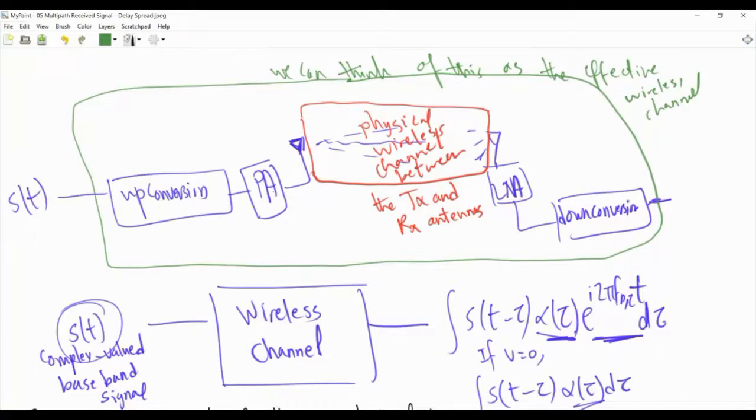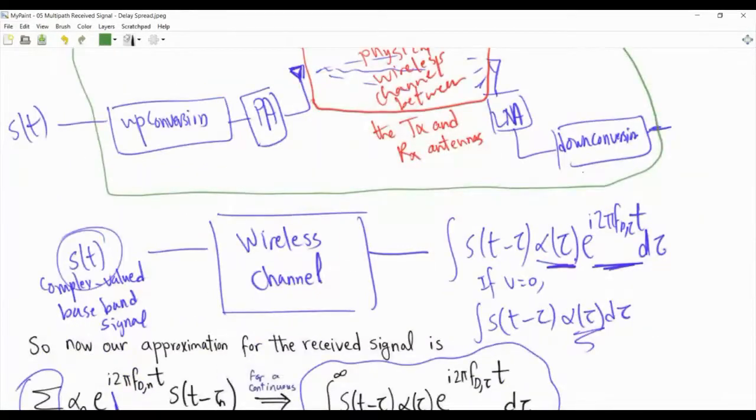Okay, so typically those will also include analog to digital converters and digital to analog converters and perhaps other components. Okay, so here when I draw the wireless channel, as an input I put the baseband signal. But you may say, well, we do not transmit S of t.